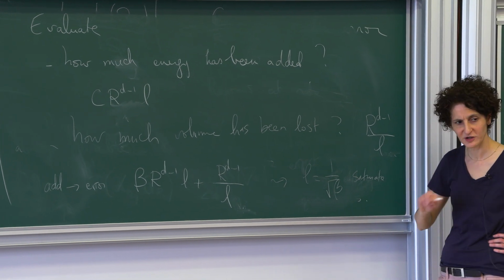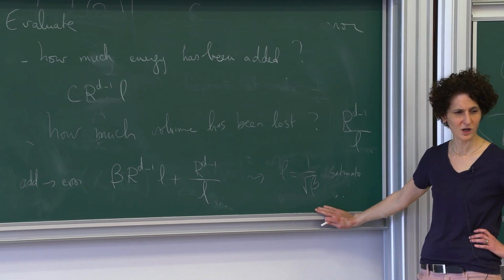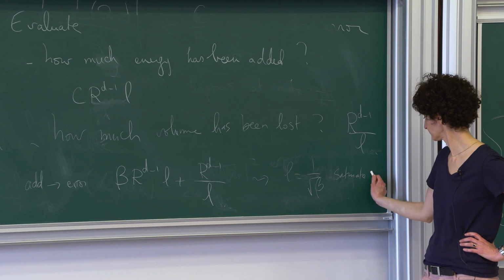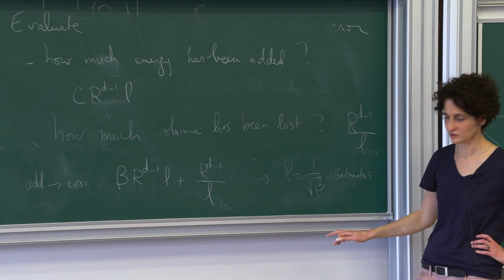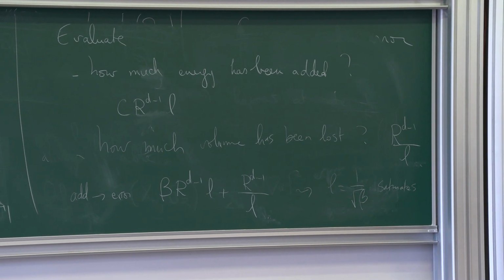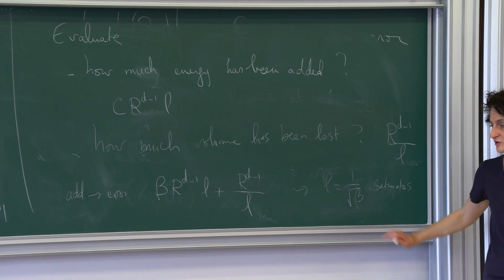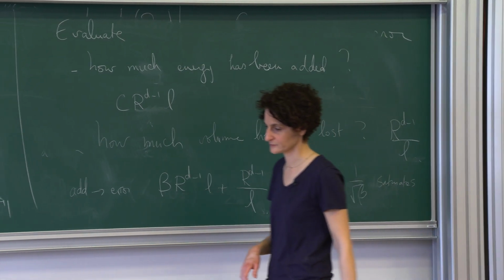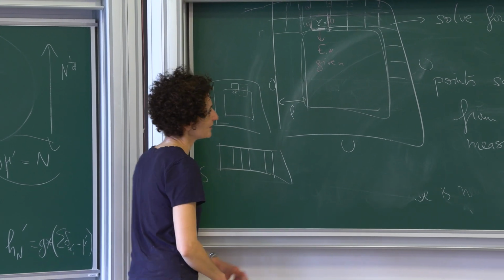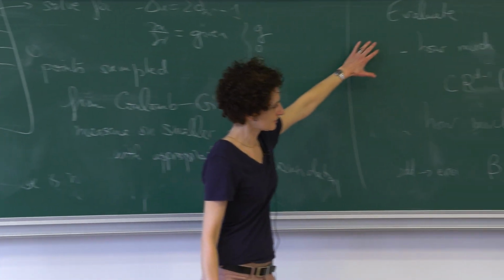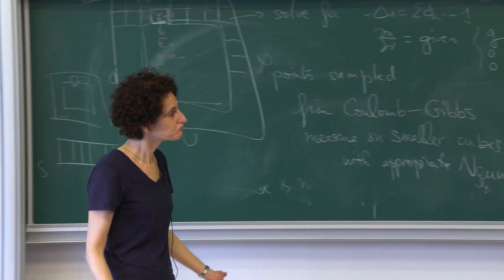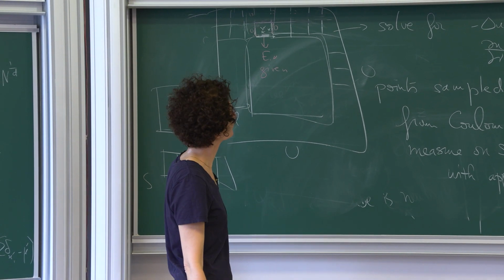So this is a very hand-waving way to find why the minimal scale is 1 over square root beta. You have to have a layer at least of order 1 over square root beta, otherwise you have a less good local law. If you want to keep the same form of the local law, you cannot go below that. Okay, so there is a significant amount of technical work involved in this construction, obviously, but the idea of it is, I hope, relatively natural.